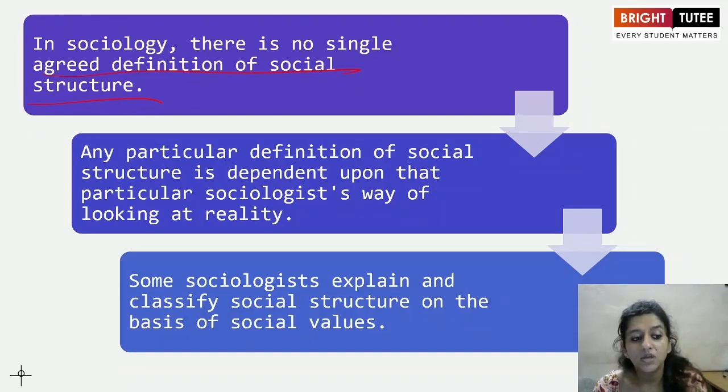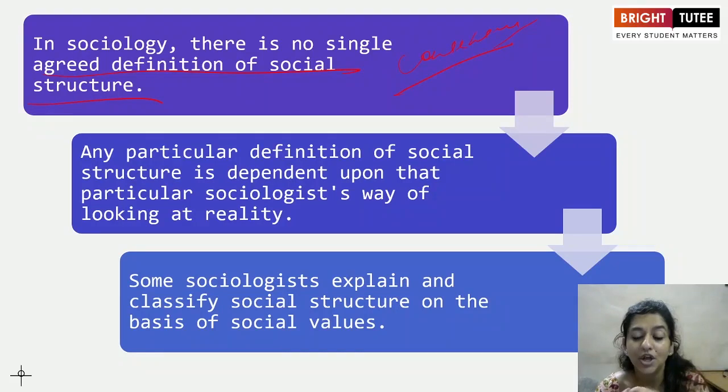again the areas, the ways, or the concepts that we prioritize are very different from one another, and hence we are not really able to come to a consensus that okay, this is the correct definition of social structure, because somewhere or the other it lacks.